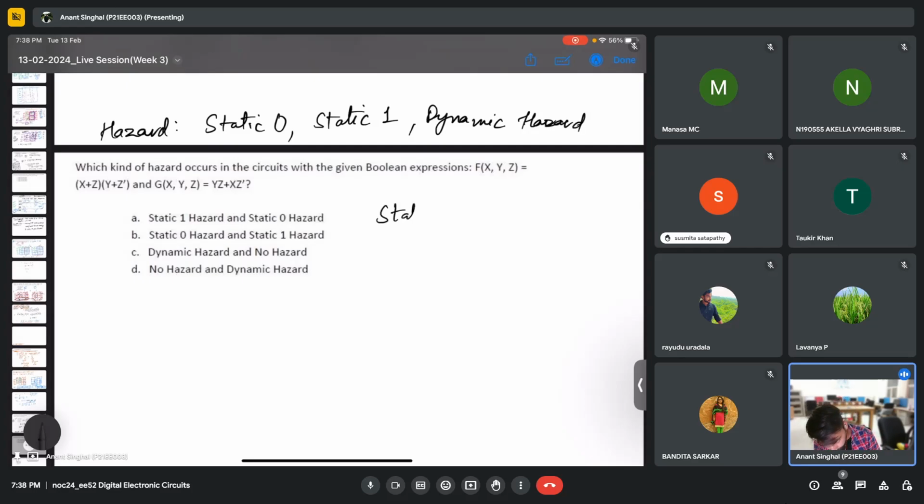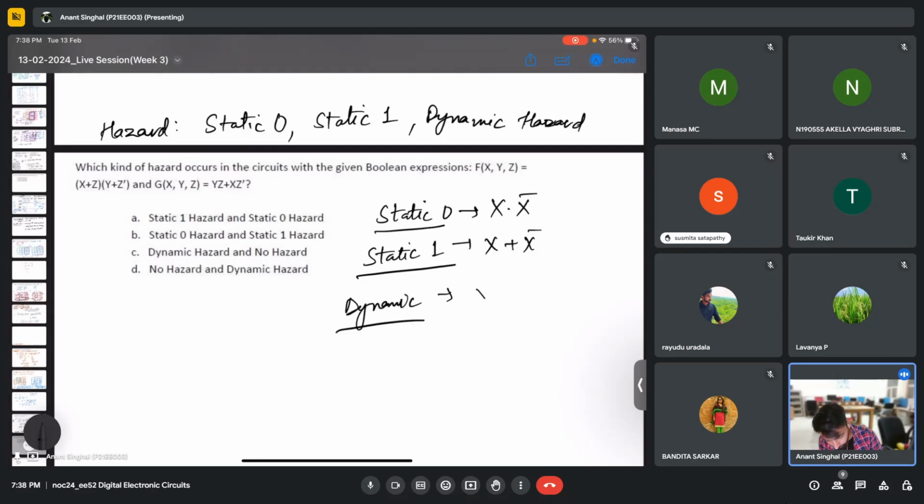Whenever you get a term like x times x complement in your expressions, a static 0 hazard can occur. Similarly, whenever you get a term like x plus x complement in your realization, a static 1 hazard can occur. For dynamic, you need to have a term like x plus x complement. So these are the 3 types of hazards that can occur in a circuit.